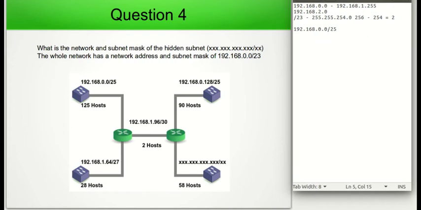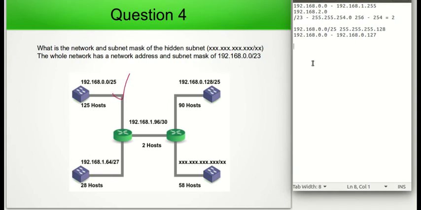So /25 in decimal would be 255.255.255, so we've got 24 binary ones followed by one more binary one, which is 128. The increment is going to be 128. The range of addresses is from 192.168.0.0 through 192.168.0.127.